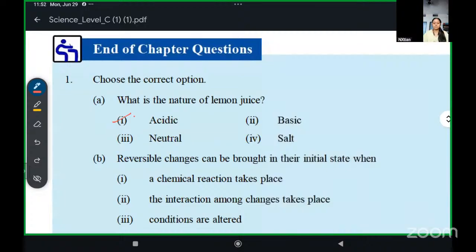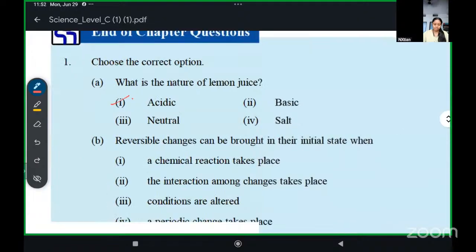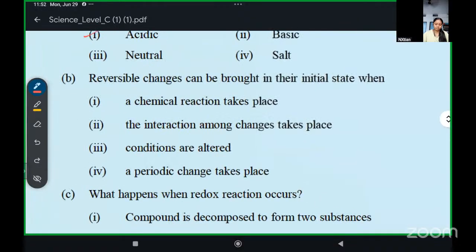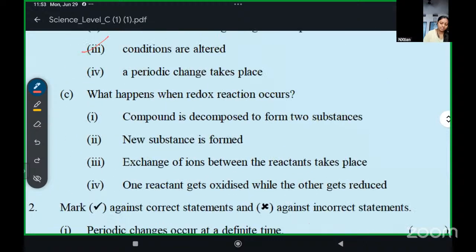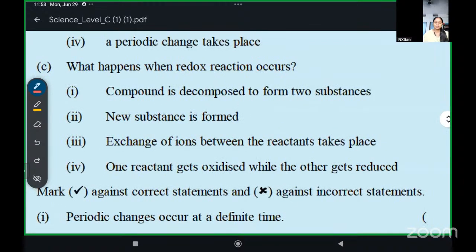Reversible changes can be brought to their original state when... Ma'am, when conditions are altered. Yes, Hannah, when conditions are altered. That's right.